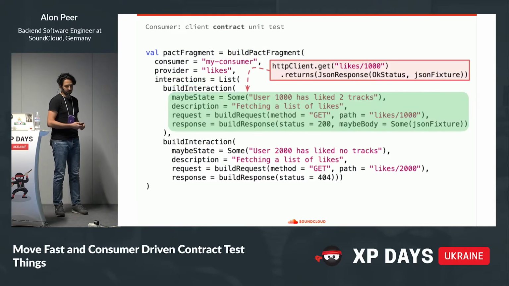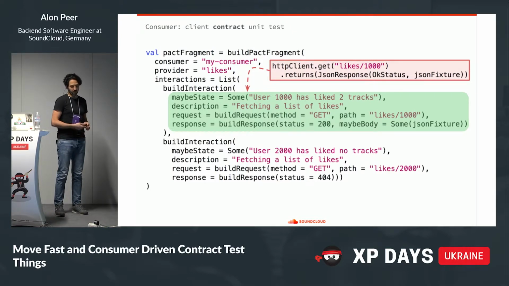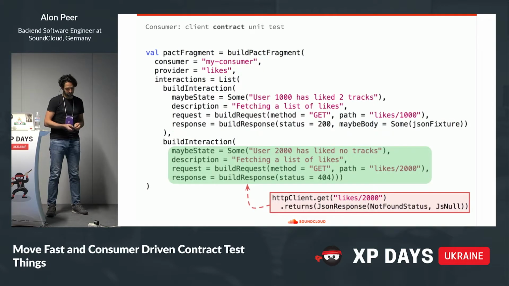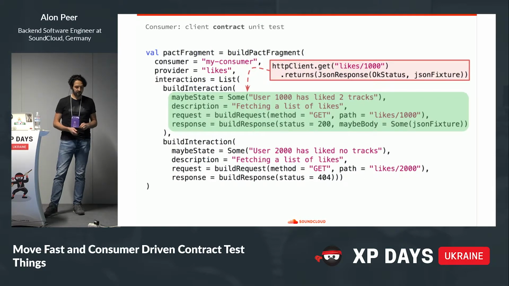So in this list, we have the first interaction, and notice how it's kind of like that stub that we created before for the HTTP client. If we get a request for likes/1000, then we return a 200 with a list of likes. So let's see what we have here. We have state: given that user 1000 has liked 2 tracks.